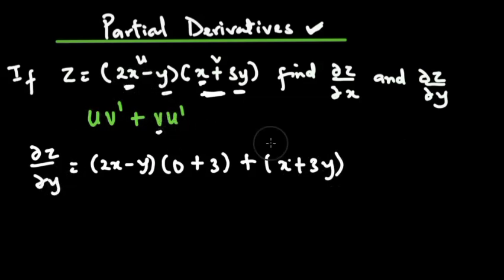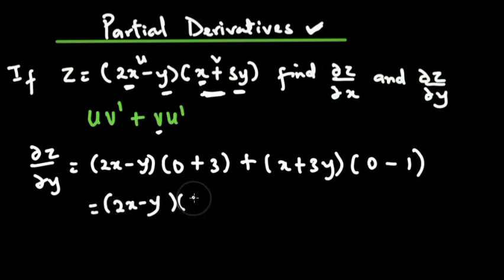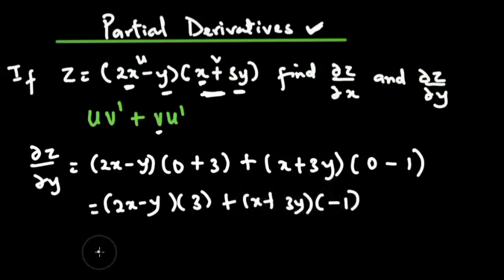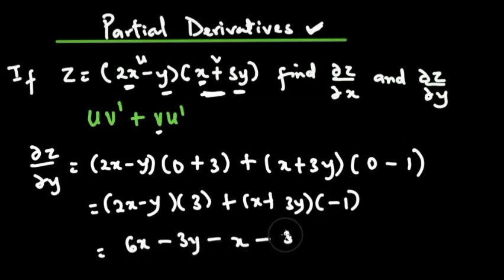So you keep x constant. So again, 2x becomes 0 and differentiating y becomes 1. So here we're going to have 2x minus y multiplied by 3 plus x plus 3y multiplied by minus 1. So this becomes 6x minus 3y minus x minus 3y. And this becomes 5x minus 6y. And this is the correct answer.